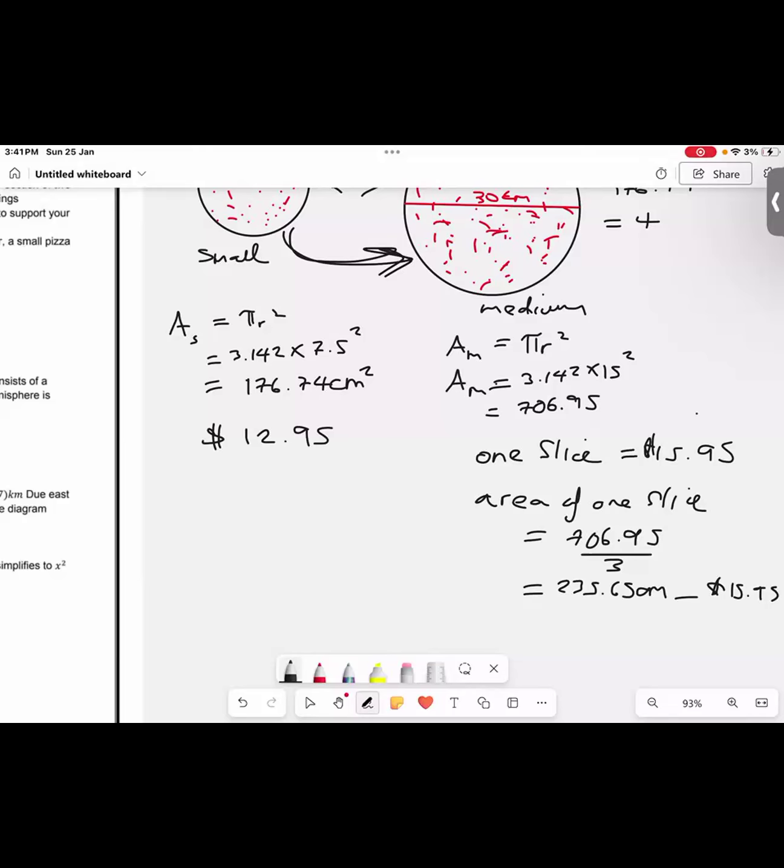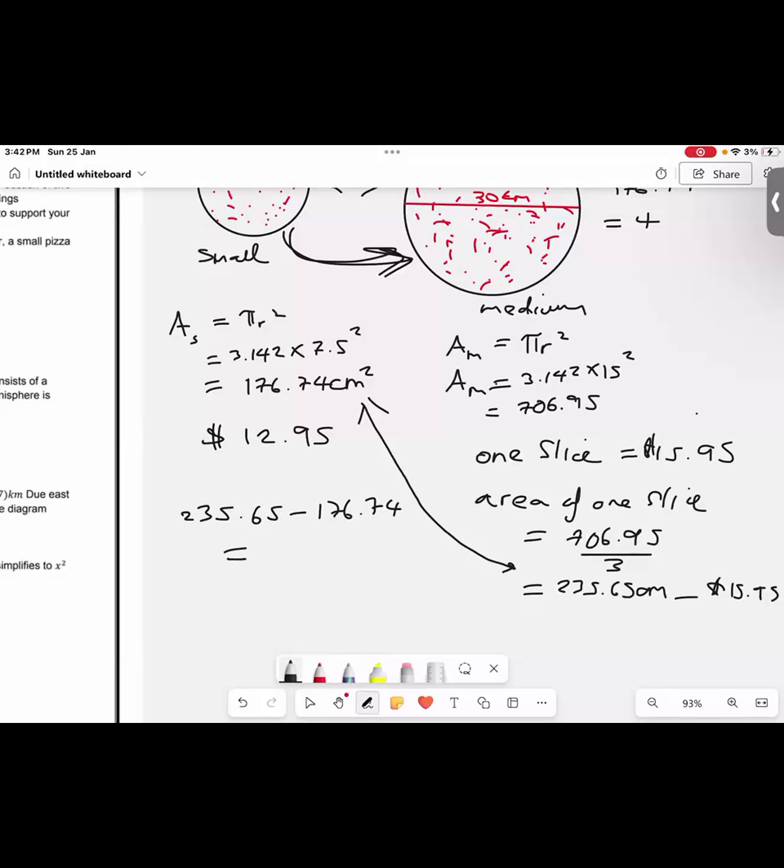And you're paying $12.95 for 176. Look at the difference in the area and look at the difference in the price. Subtract those two numbers for me now: 235.65 minus 176.74. Let us see the difference in the amount, because we're checking the quantity now.